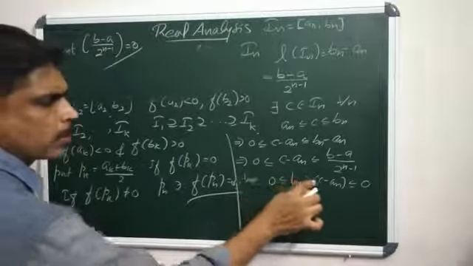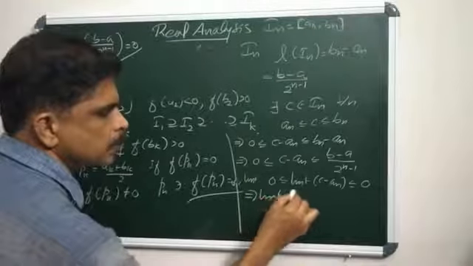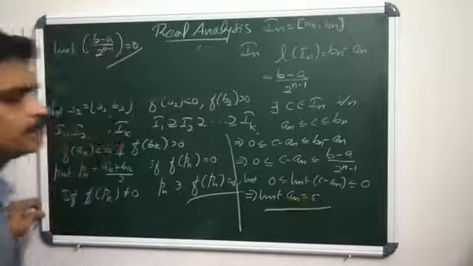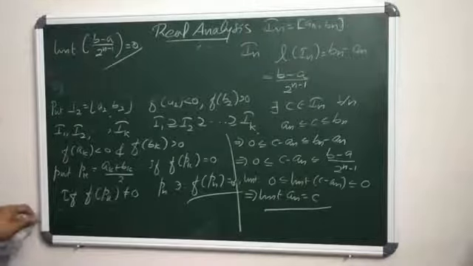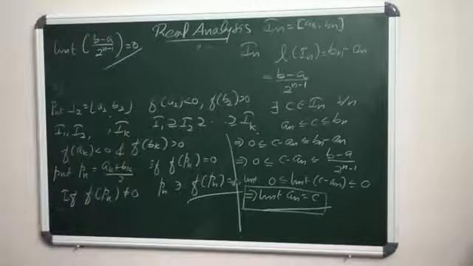So 0 less than or equal to the limit of C minus An less than or equal to 0, which means the limit of An equals C. Agree? So that is the first result: the limit of An equals C.